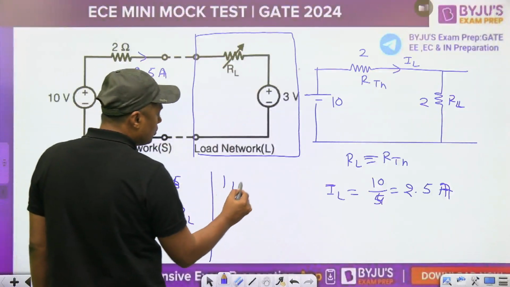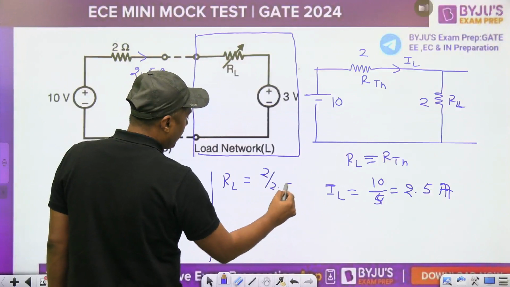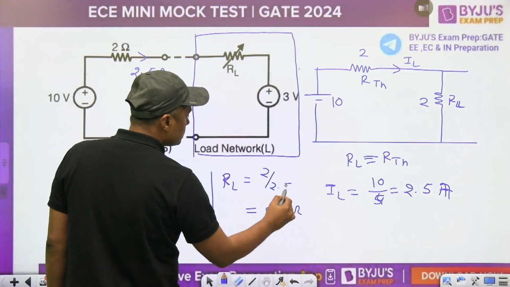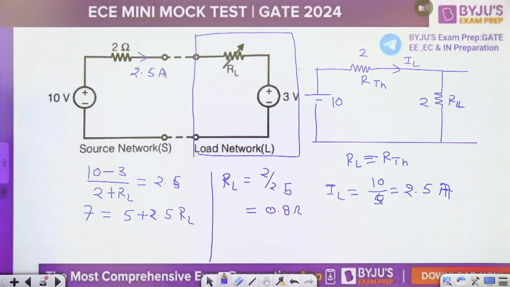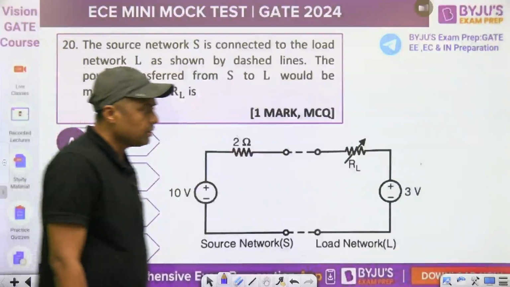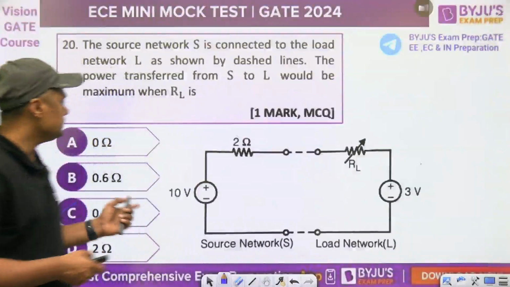RL is equal to 2 divided by 2.5, that is nothing but 0.8 ohm. The answer for this question is 0.8 ohm. This is the answer for this particular question. Next question.